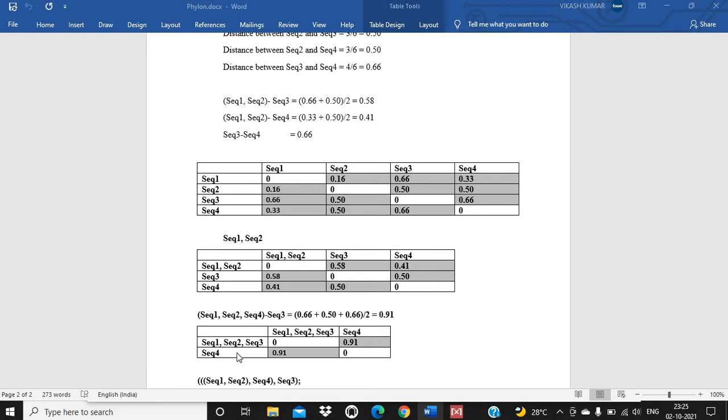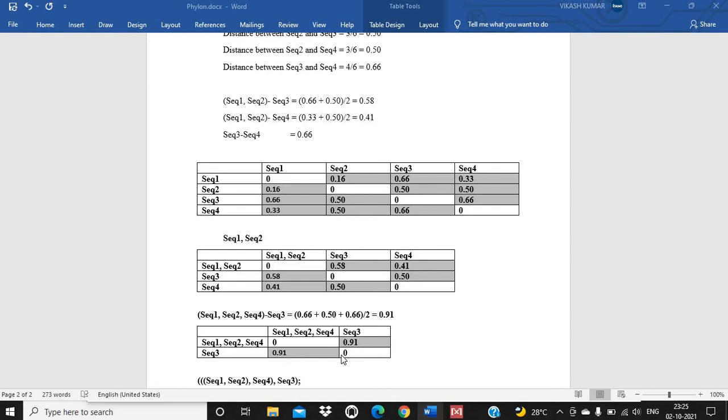So basically, on the basis of p distance, we have grouped sec1, sec2, sec4 in a single group, and now we are going to compare with sec3.